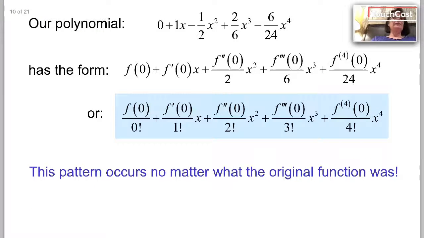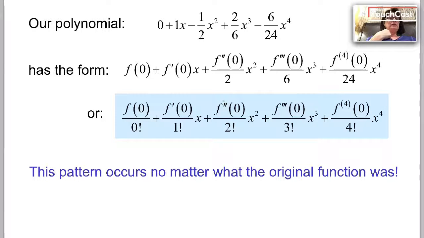Okay, so this is what we want to come down to. We want to notice that pattern that happened. And this is going to hold. I think it's on your paper; we'll look at your paper in a second. So f of 0 over 0 factorial plus f prime of 0 over 1 factorial times x, plus f double prime of 0, the second derivative, over 2 factorial times x squared.